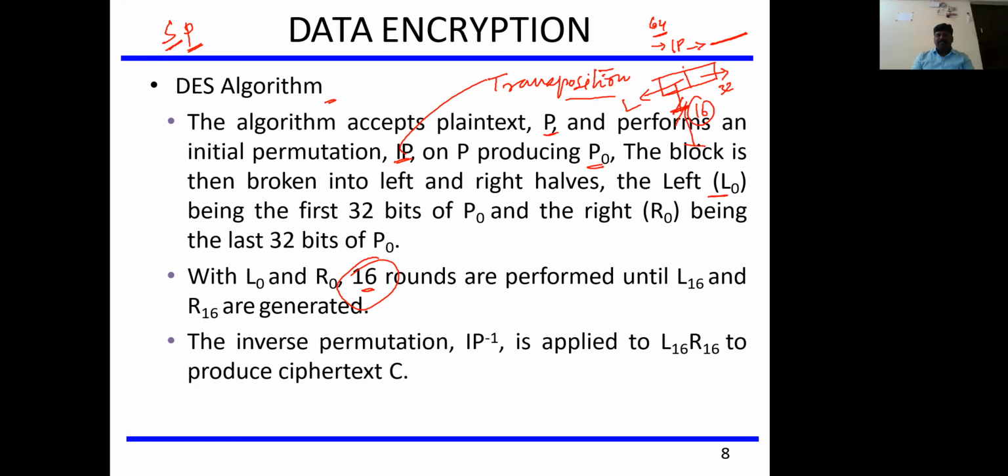At the end, the output is swapped: the left half is swapped to the right half, and the right half becomes the left half. Then this is processed again for 16 rounds. This process is repeated. At the end, we again do similar operations, the initial permutation as well as SP techniques. Finally, it produces a 64-bit ciphertext.